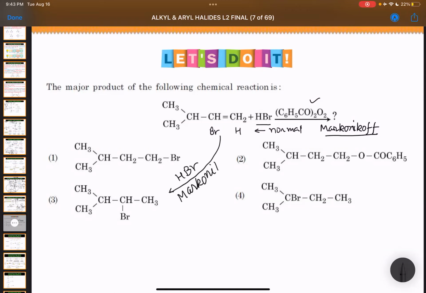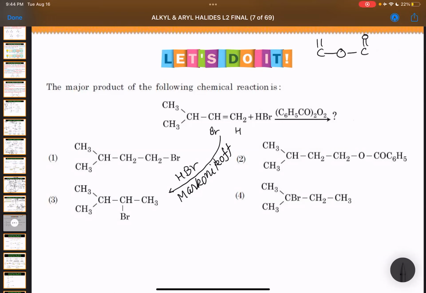But have we taken only HBr? No, sir. What else have we taken? What is this? Peroxide. Yeah, this is benzoyl peroxide. Sir, how do you know the difference between peroxide and anhydride? Anhydride actually is this one.